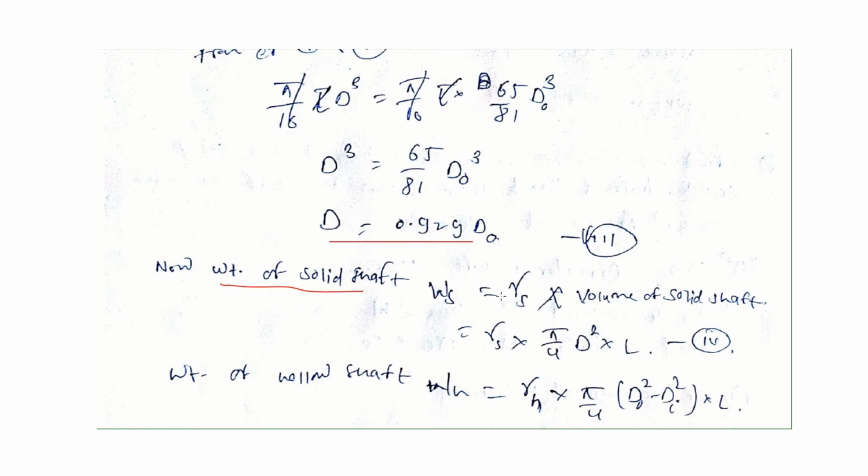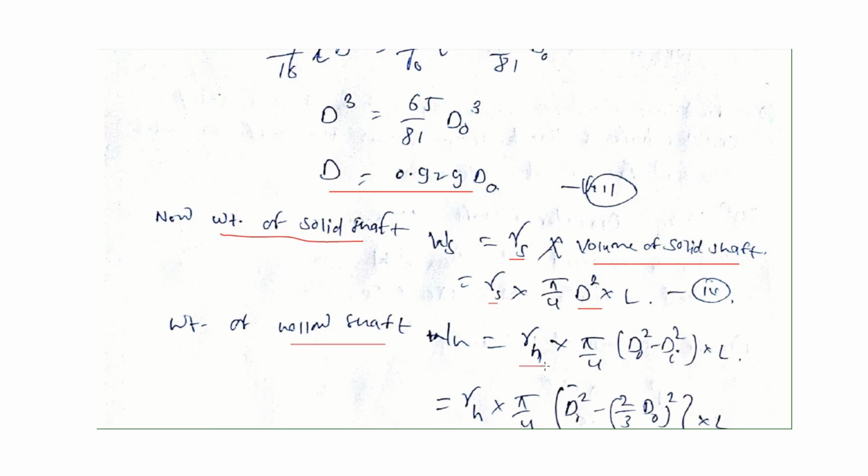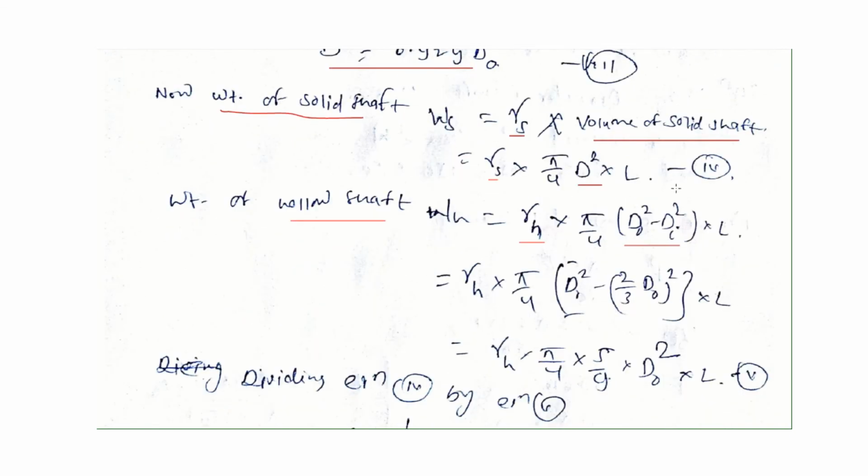Now the weight of the solid shaft is the weight density gamma s times the volume of the solid shaft, which is pi by 4 d square L. And for the hollow shaft, gamma h, the weight density of the hollow shaft, times pi by 4 into d outer square minus d inner square, into L. We know d inner in terms of d outer, so we put the d inner value and it gives the weight of the hollow shaft, gamma h into pi by 4 into 5 by 9.